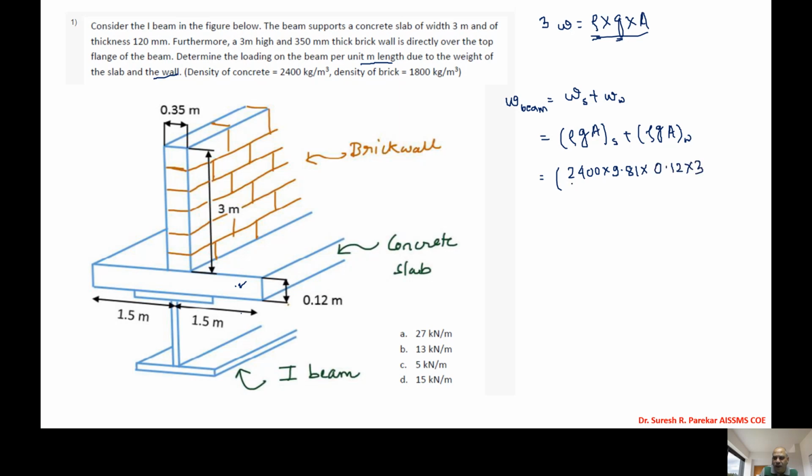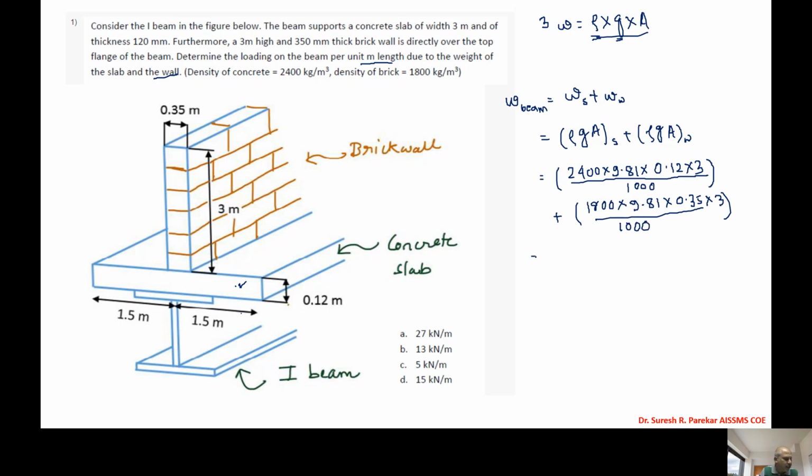Because it is kg per meter cube, it will be Newton per meter, so I will divide it by 1000, and it goes to kilonewton per meter. Plus we have 1800, that will be for the wall, mass density into g, and the dimensions of the wall are thickness 0.35 and height 3 meter. And again it will be divided by 1000.